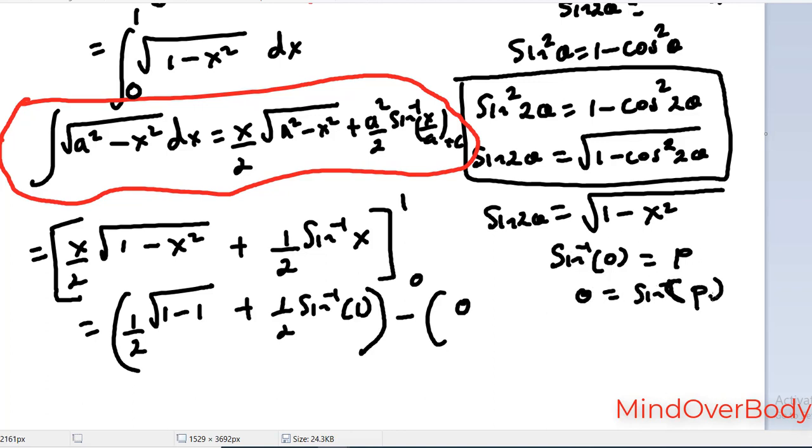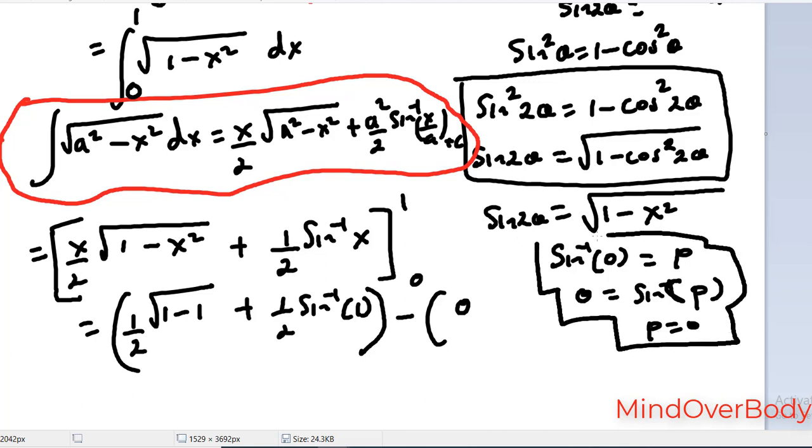Now what value of p should I place here to get 0? Definitely p is equal to 0 will produce 0, at least in this case. So having known that fact, this is also going to be a quantity which will produce 0. So sine inverse of 0 in this case is 0. So all of this vanishes. We are left with the quantity 1 over 2 sine inverse of 1.